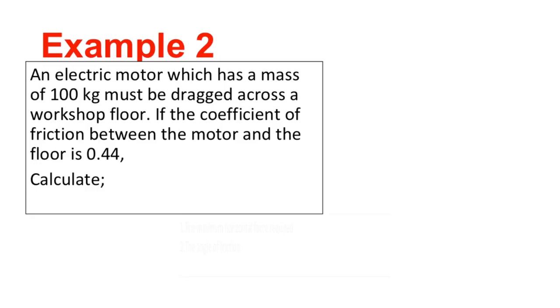This electric motor must be dragged across a workshop floor. Now we are given the coefficient of friction. Remember the first one, we're given the horizontal force which is required to drag this object across a wooden floor. And in this case, we're not given that horizontal force. We're only given the mass and the coefficient of friction. So we need to be able to calculate this.